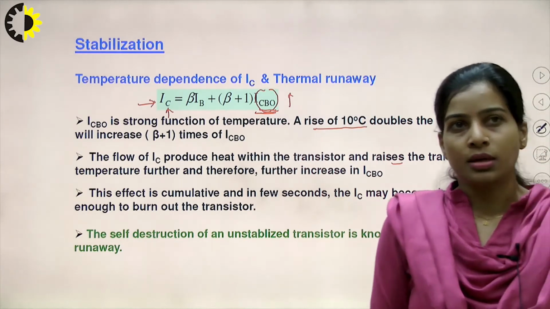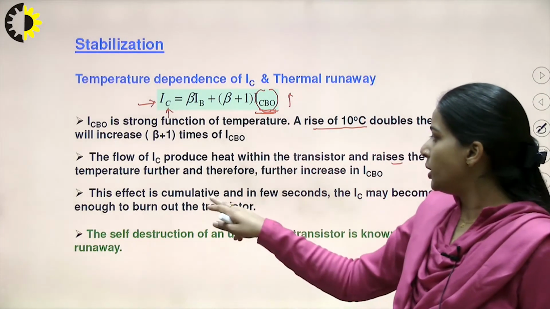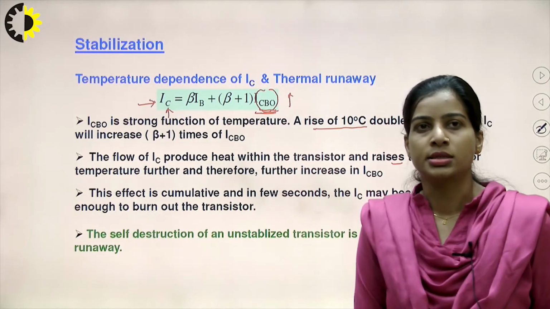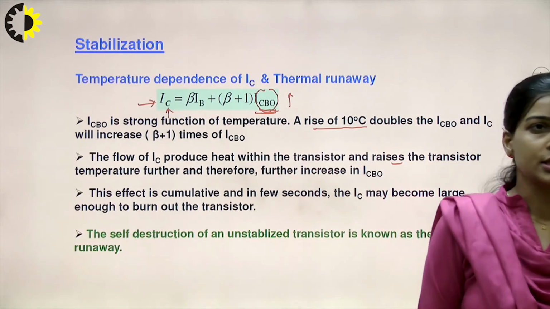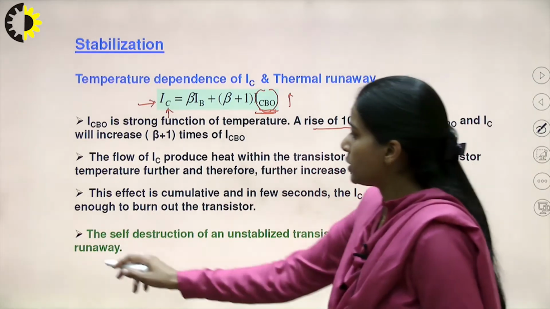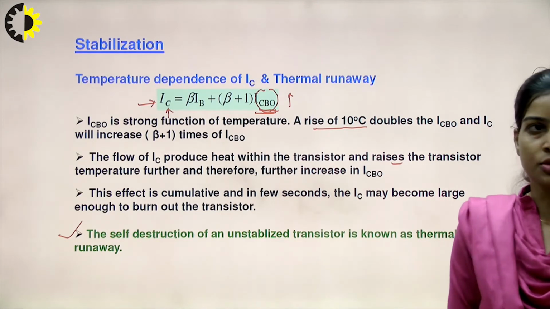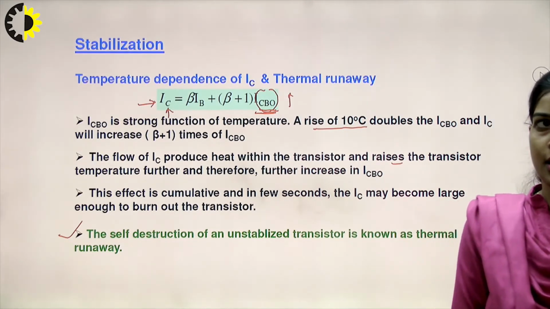So, it becomes a cyclic process. This effect is cumulative and in a few seconds the IC may become large enough to burn out the transistor. The self-destruction of an unstabilized transistor is known as thermal runaway.